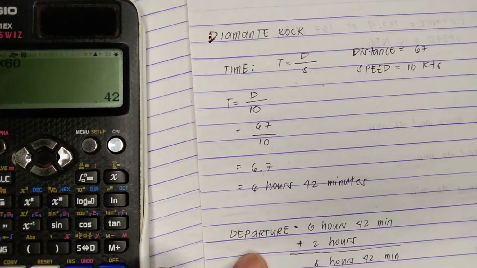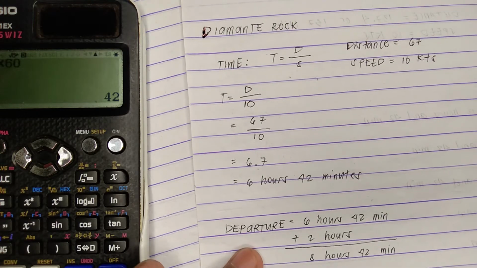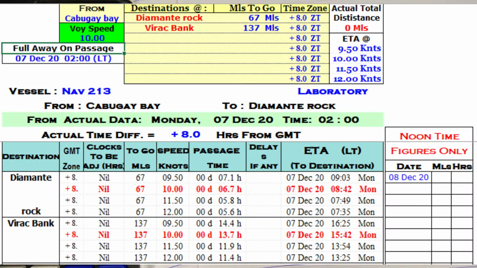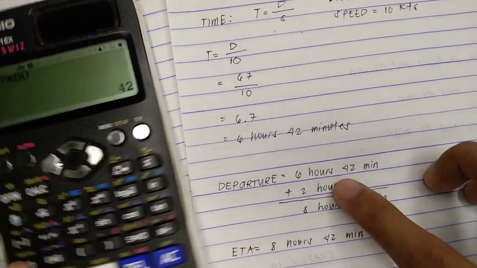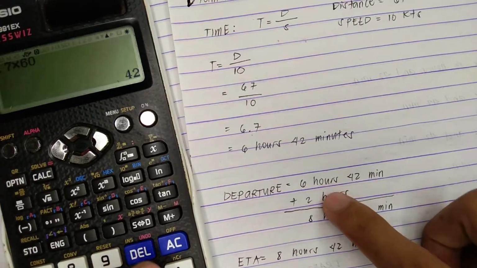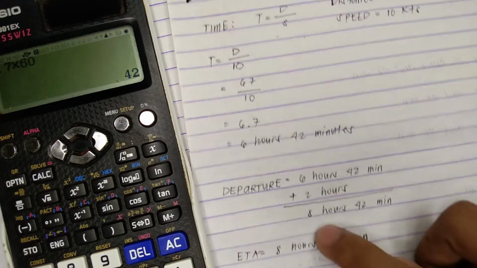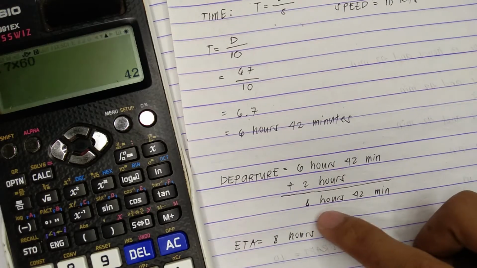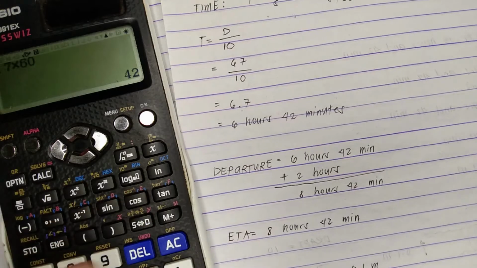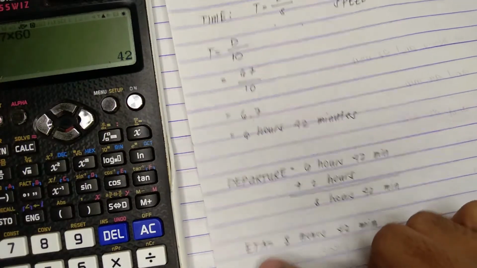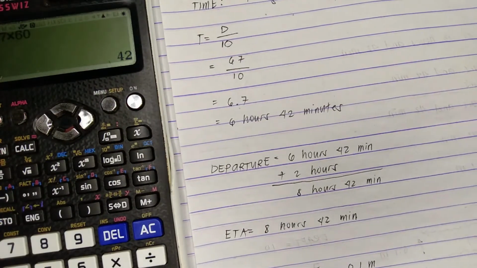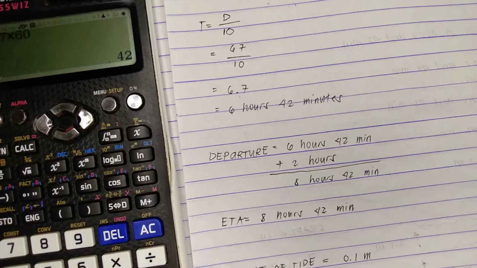But since on the 7th of December 2020 we have 2 hours for the departure, from this 6 hours and 42 minutes, we add this 2 hours, and then we have the time of arrival in that obstruction, 8 hours and 42 minutes. This is the estimated time of arrival in that underwater obstruction.